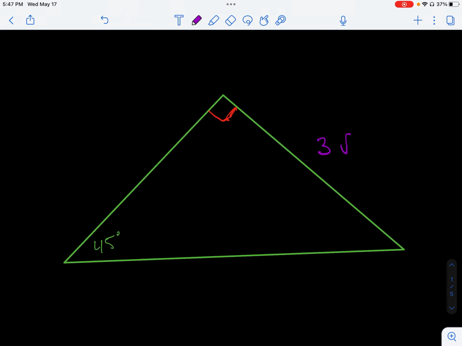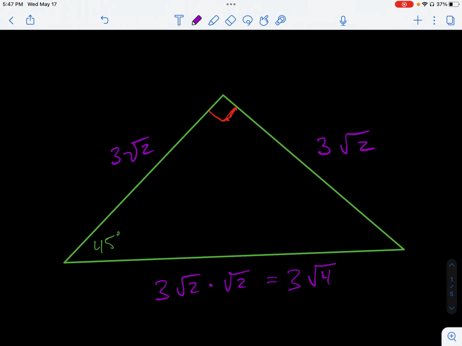If we have 3 radical 2 for the legs, we multiply 3 radical 2 times radical 2. That's going to equal 3 radical 4, because when we multiply radicals, the inside goes with the inside, the outside goes with the outside.